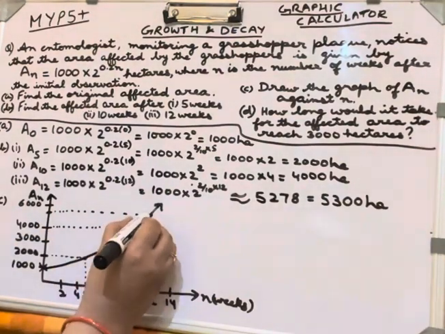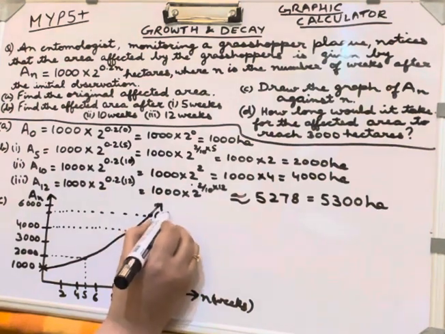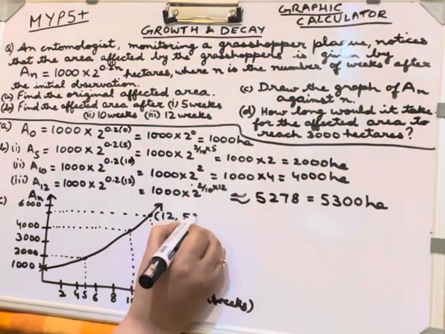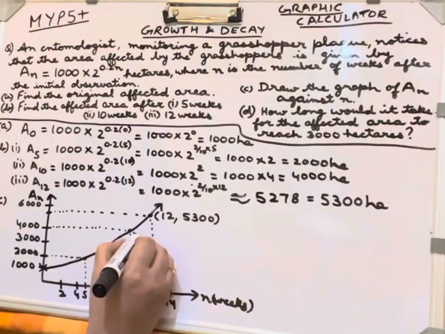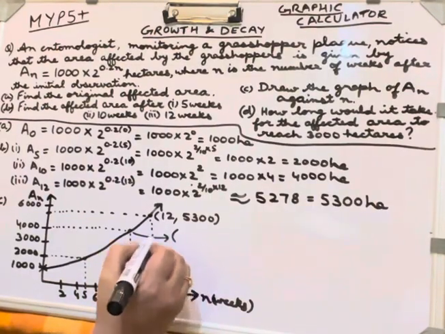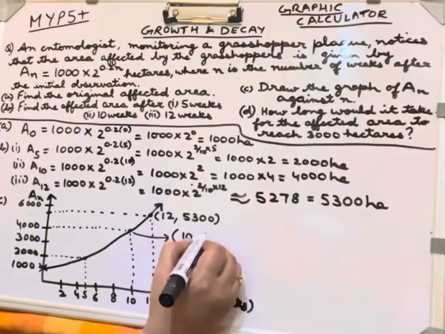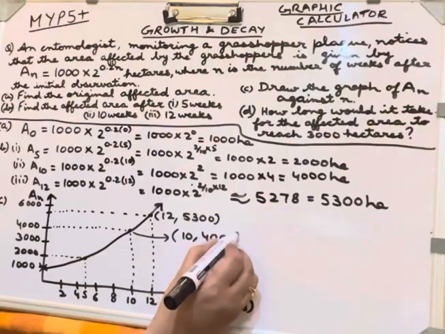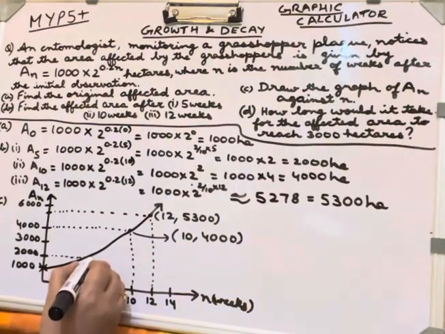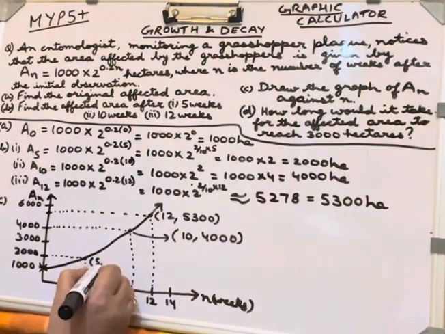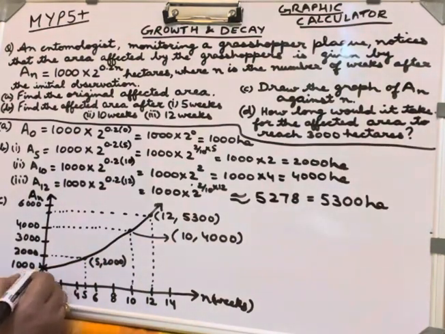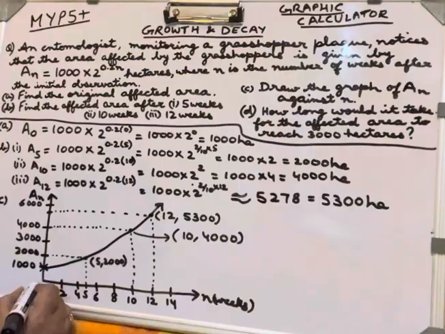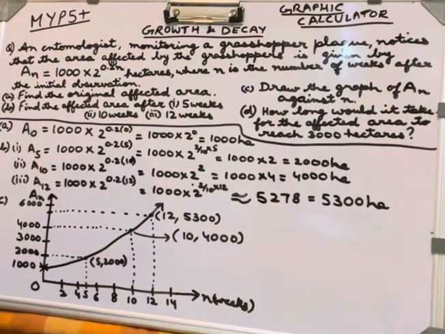So this is 12, 5300. This is 10, 4000, and this is 5, 2000, while this is the original value, so 0 and 1000. This is the origin.